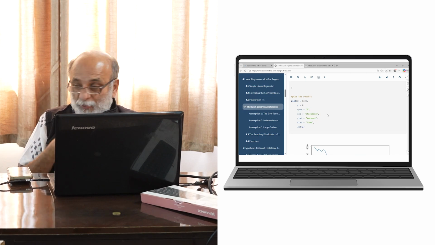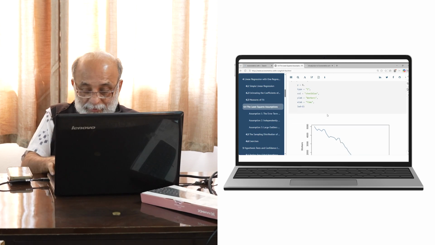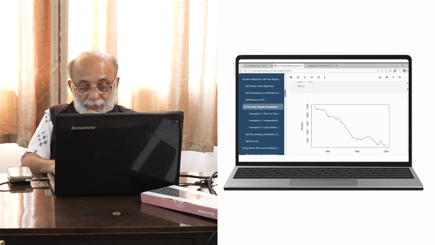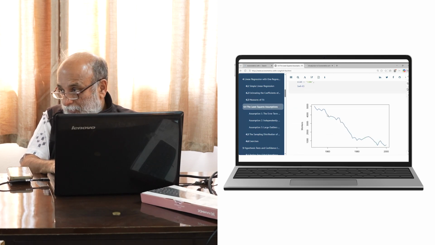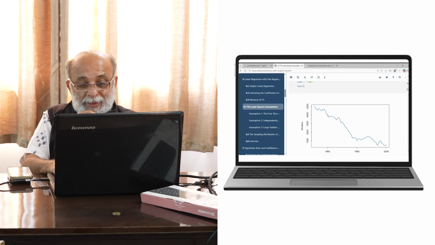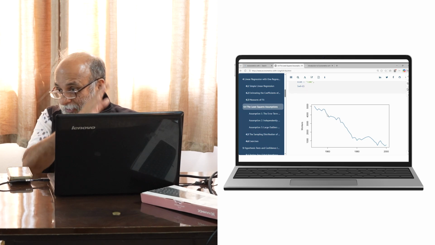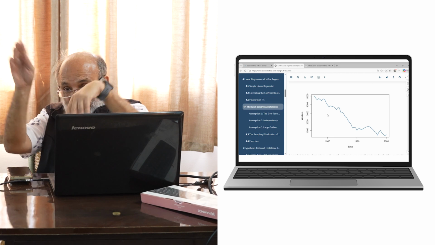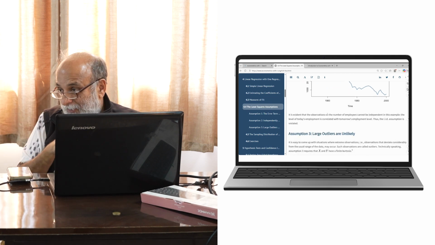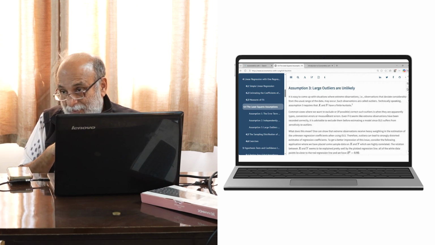Color, whatever color you want to choose. And you see that there is data where you can see clear dependence upon time, no? The data declining in time. Had there been random data, there would be no trend in the data.